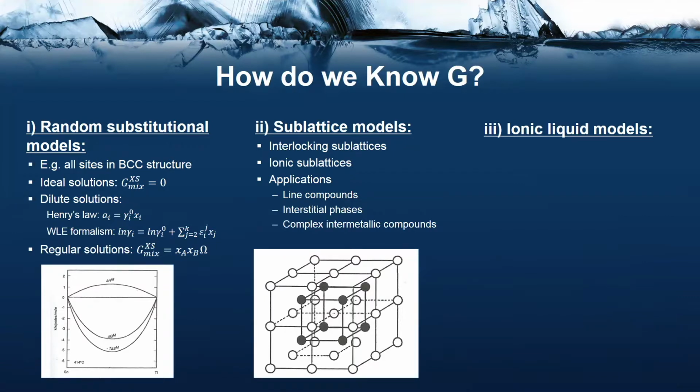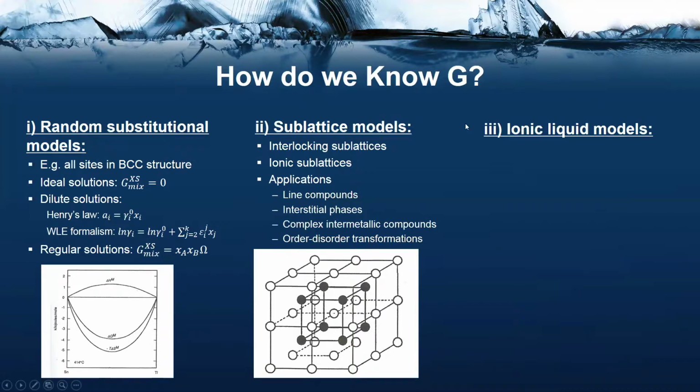The last example is the order-disorder transformation, which accounts for phases that can be ordered under certain conditions and disordered under other conditions. For example, at room temperature, the solvent and solutes can have strict preferences for lattice sites, whereas at high temperatures, disorder and random mixing across sublattices can occur.